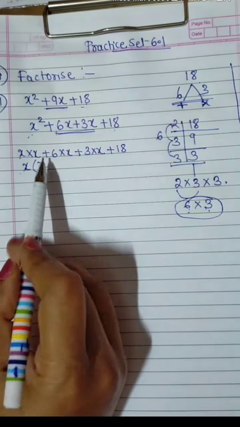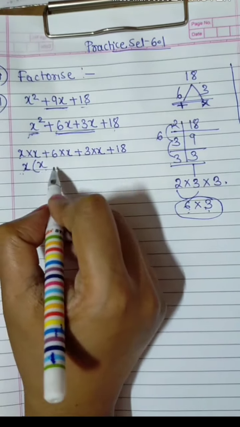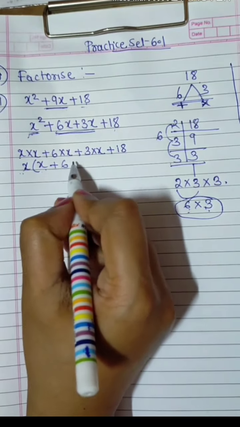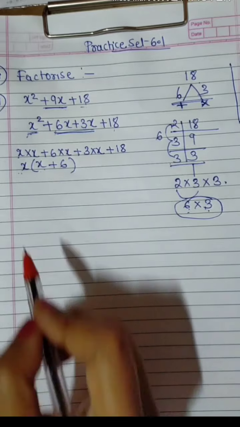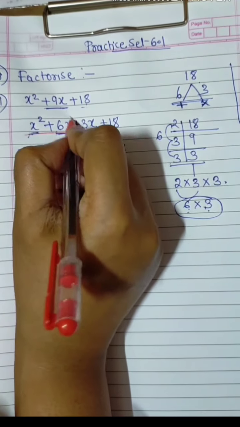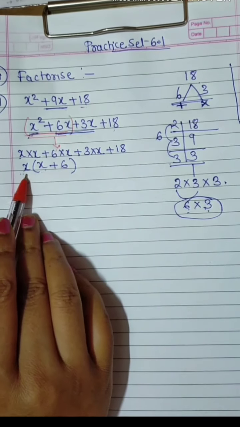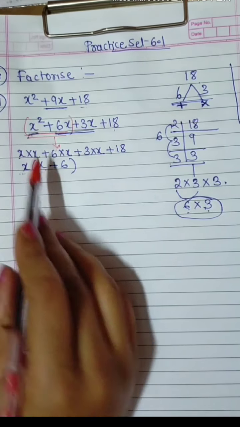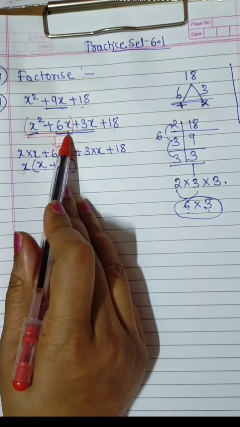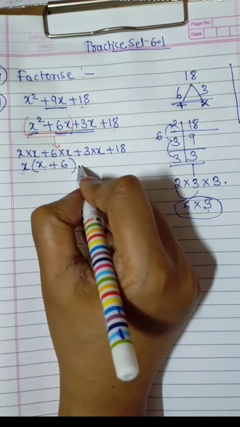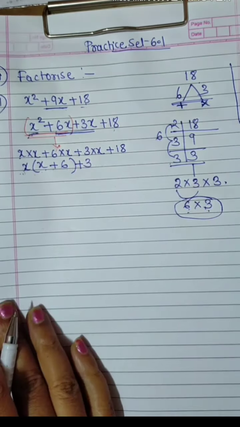So what we will get? X square. Here is x square. Okay, now plus 6. See this number, we have solved here. X square plus x into 6 is 6x, again plus what is here? 3. Again what is there?